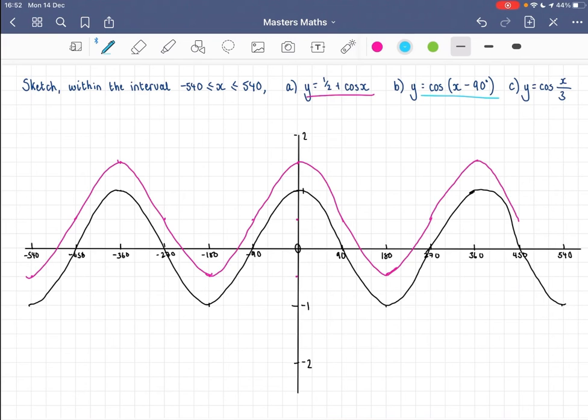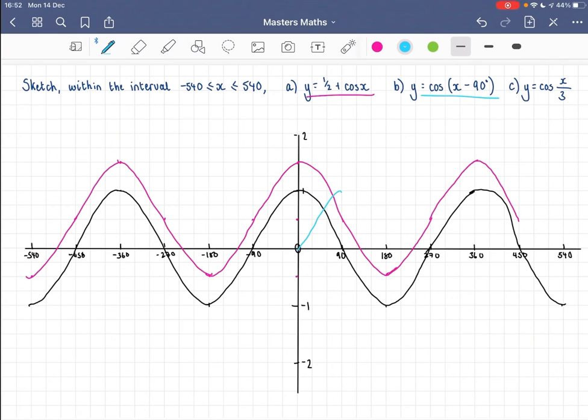So instead of this point being at negative 90, it's now going to be here at 0. And it's going to go up, and it's going to go to 1 at 90.